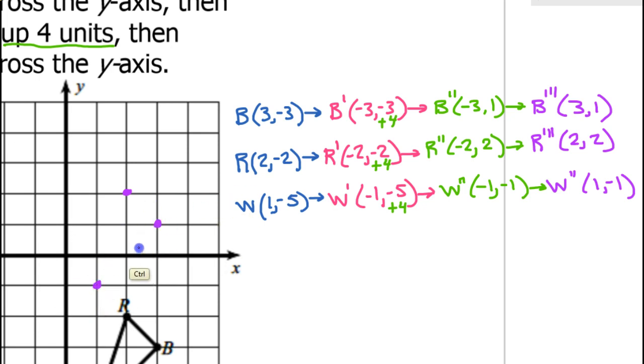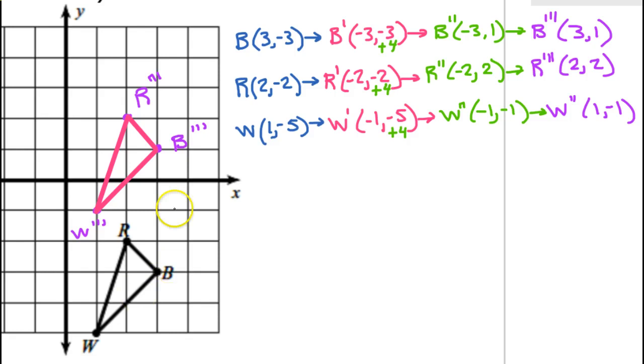Okay, so 3 comma 1 was our B triple prime. 2 comma 2 was our R triple prime. And this is W triple prime. So now I'm just going to draw the triangle. All right, so that's what your image should look like after you've done the 3 transformations.